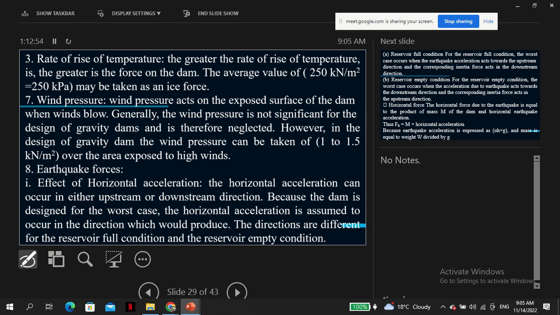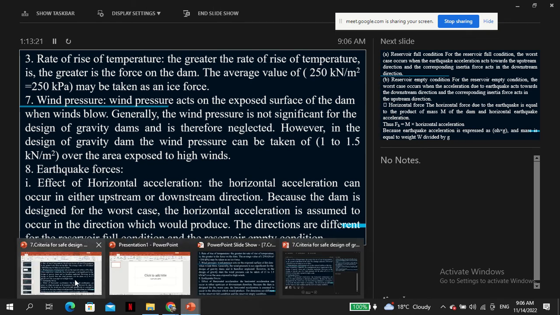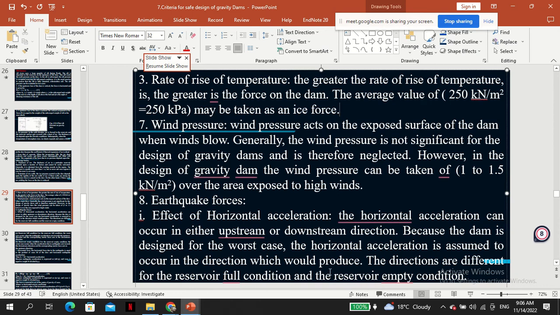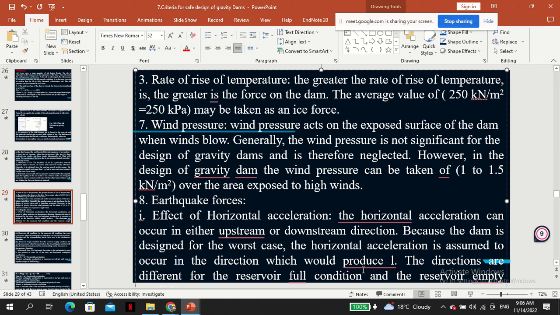Effect of horizontal acceleration. The horizontal acceleration can occur in either the upstream or downstream direction, because the dam is designed for the worst case. The horizontal acceleration is assumed to occur in the direction which would produce the worst load combination.